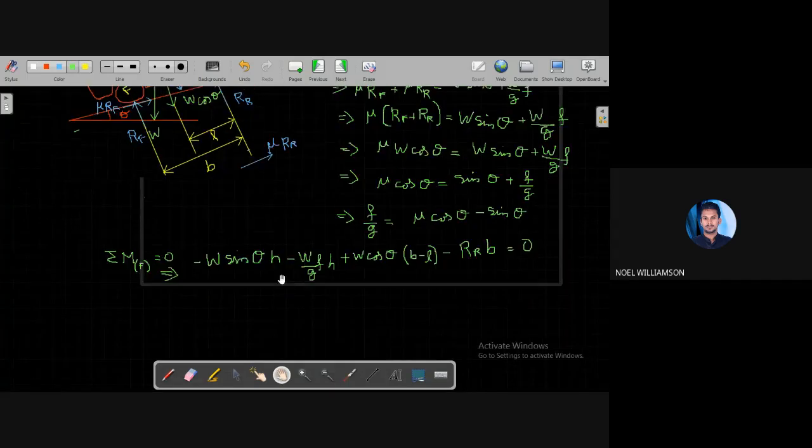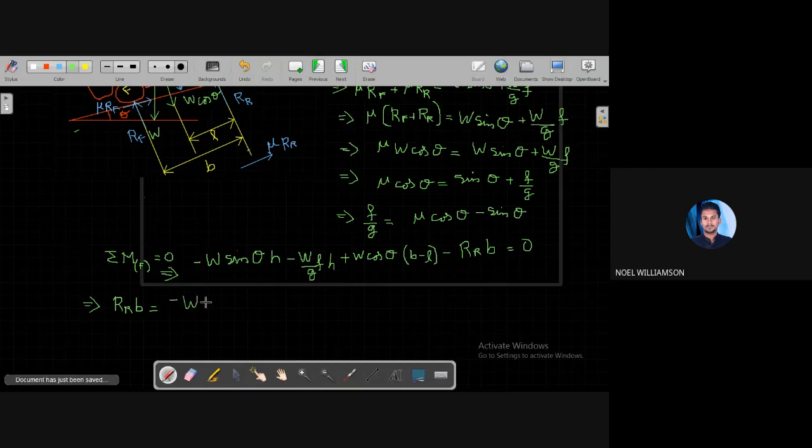Now we may rearrange it for finding the value of RR. So RR into b equal to, moving these terms to this side, minus W sin theta into h minus W by g into F h plus W cos theta into b minus l.